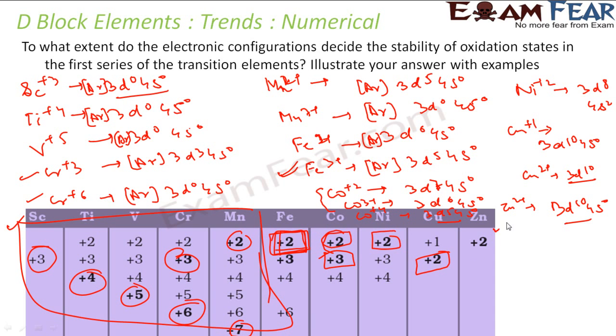So these ones with the square box, they don't follow. These 5 oxidation states: iron +2, cobalt +2 and +3, nickel +2, and copper +2, are stable oxidation states, but as per electronic configurations, they are not. So there are different factors which actually make them stable.